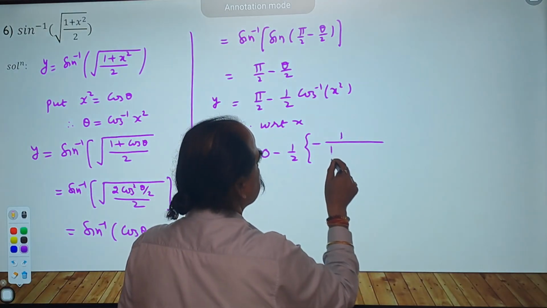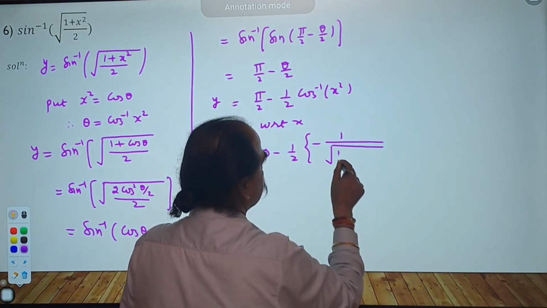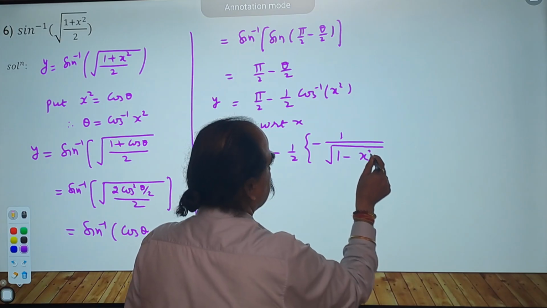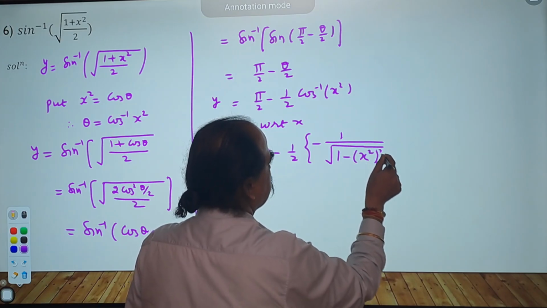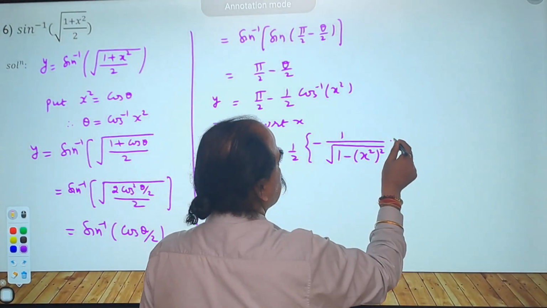Minus 1 upon root 1 minus x square into derivative of x square.